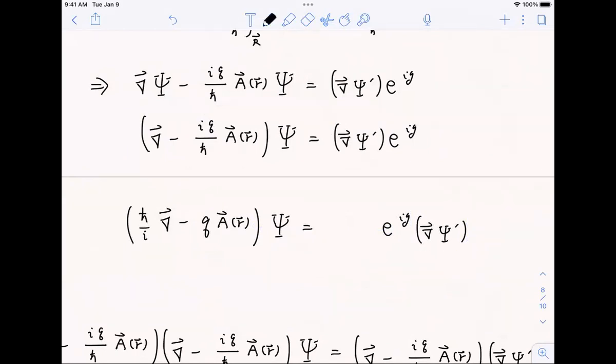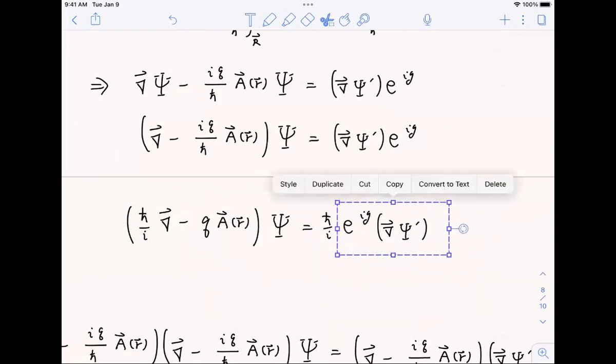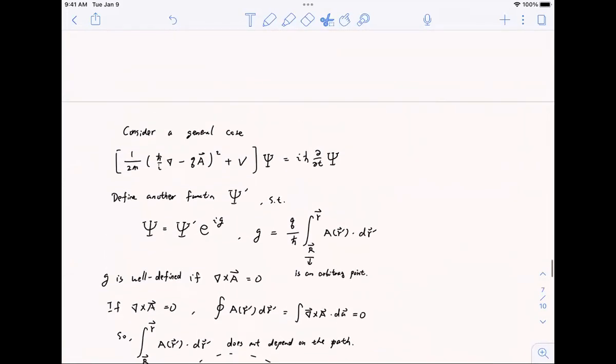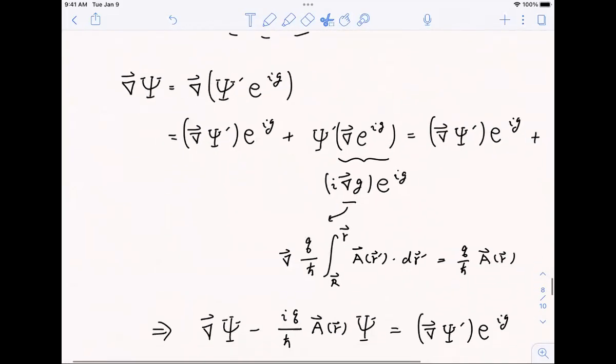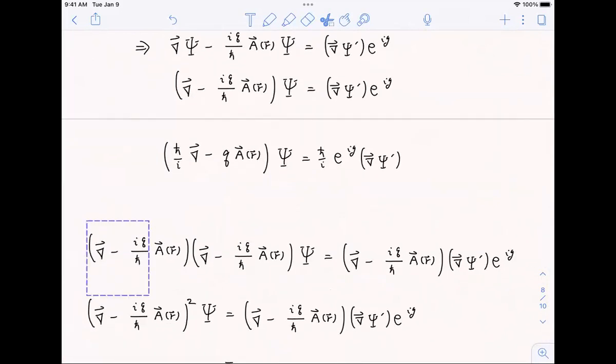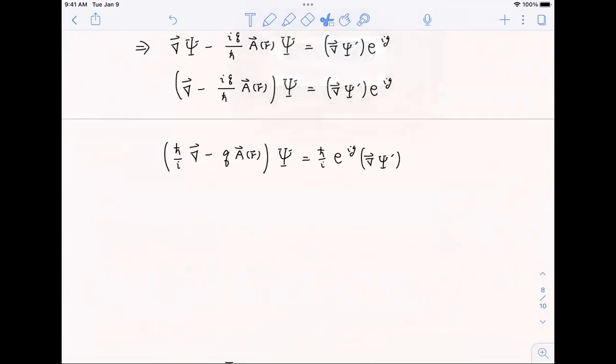Then here you times h bar over i. Okay, so that is the one that we should deal with, because this one will correspond to this form. Okay, sorry. A small mistake on my side. So let me do it again.